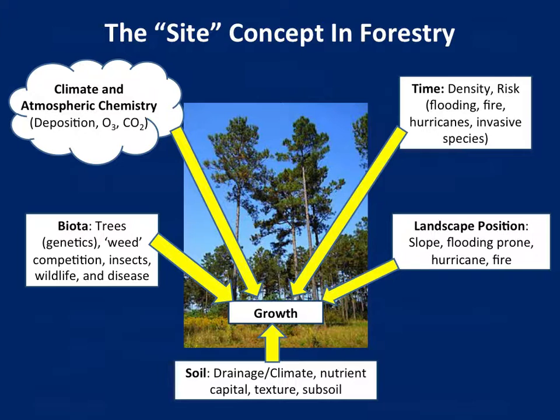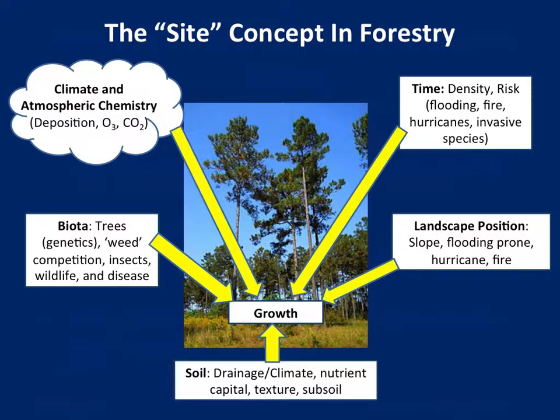Time is the variable we oftentimes deal with in forestry, which is oftentimes manipulated to some degree with density management, as Jeremy was talking about earlier. Another important feature of time is risk. There's a risk associated with having a long-lived crop on the landscape, associated with fire, associated with flooding, insect outbreaks, hurricanes, etc. And then trees.